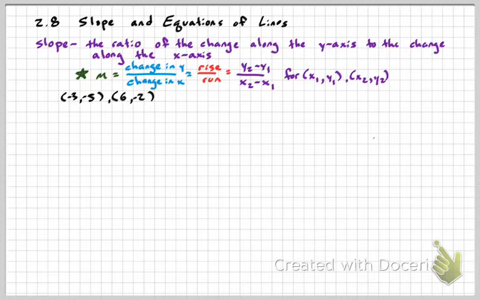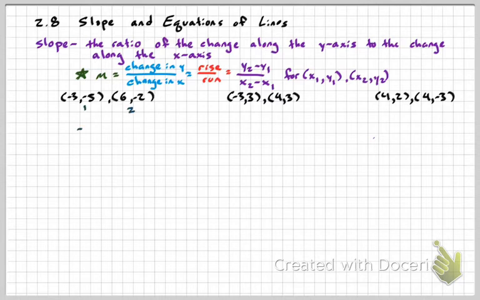So let's take a look at 3 different examples here. Remember, slope is the change in y over the change in x. So I have 3 sets of coordinates, and I'm going to find the slope between these points. I'm going to say this is my 1s and this is my 2s.